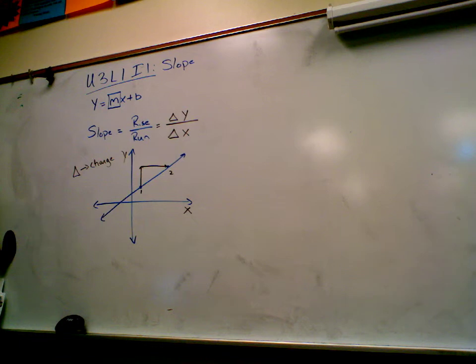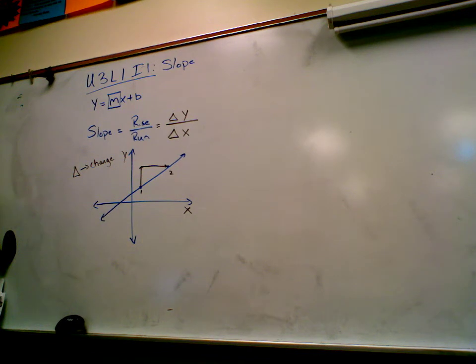Now if I want to find a change in something, what do I have to do? Let's think about it this way. Before lunch, just hypothetically, you had $10. After lunch, you had $7. What was your change in money during lunchtime? Negative $3.